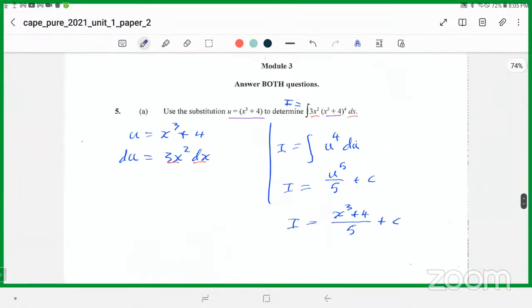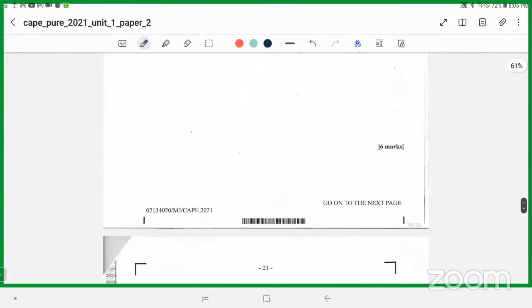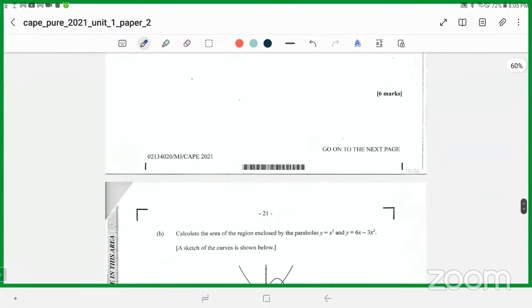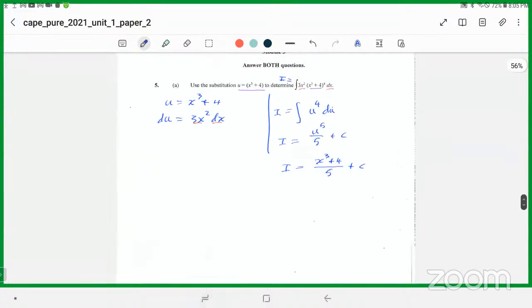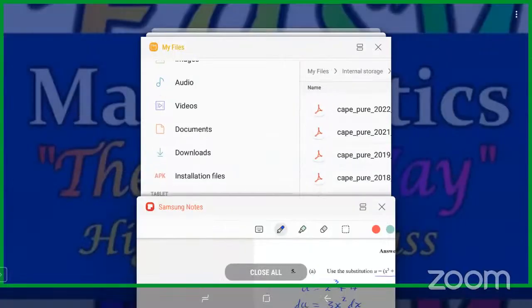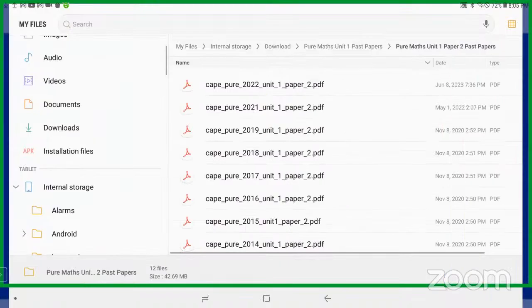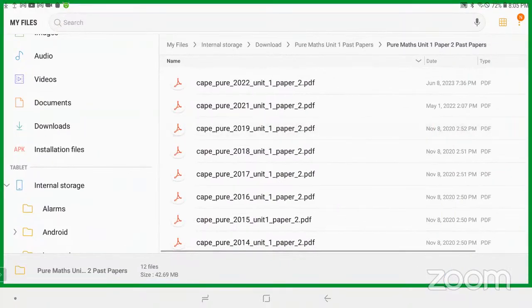I think there's another more interesting one on one of the papers, and let's see if I find it. Integration by substitution. Let's look at 2019.